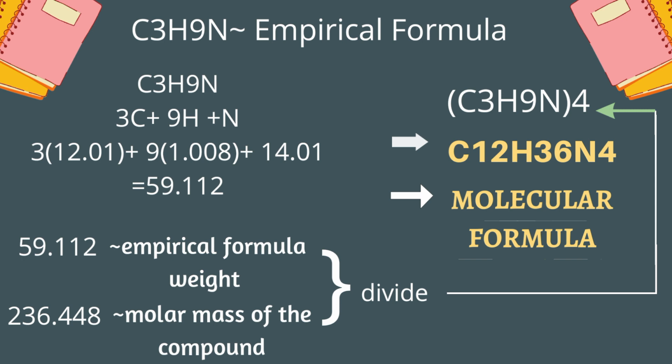So 3 times 4 is 12, 9 times 4 is 36, and lastly 1 times 4 is 4, since the subscript of nitrogen is 1. So we have C12, H36, and N4. And that's the molecular formula for this problem.